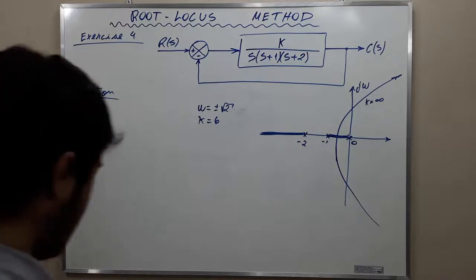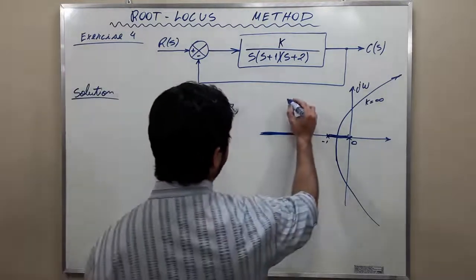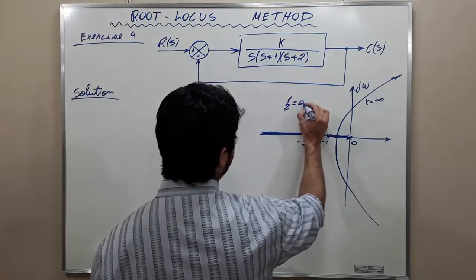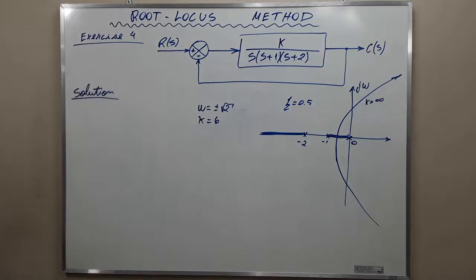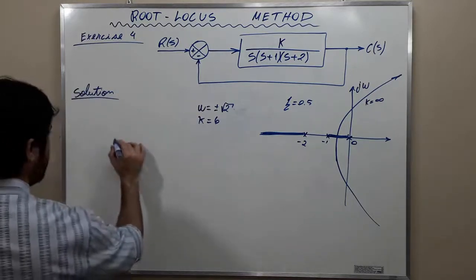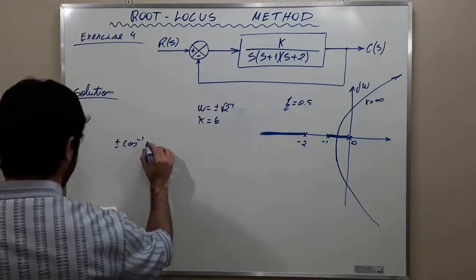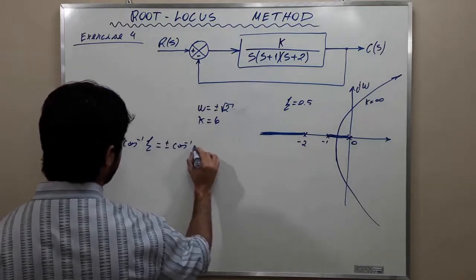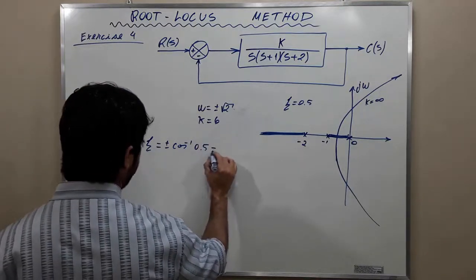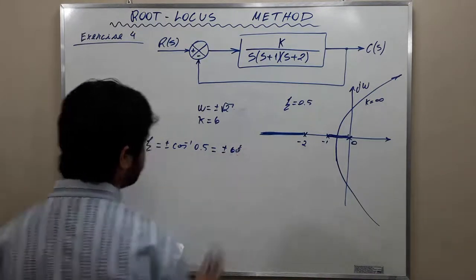Okay, so the complex conjugate closed loop poles for zeta equal to 0.5, and we're going to find it like this. Observe that plus minus the inverse cosine of zeta will be equal to plus minus the inverse cosine of 0.5, which is equal to plus minus 60 degrees.